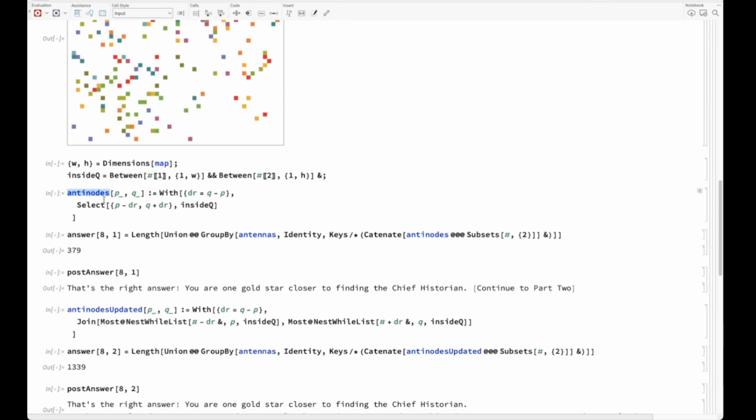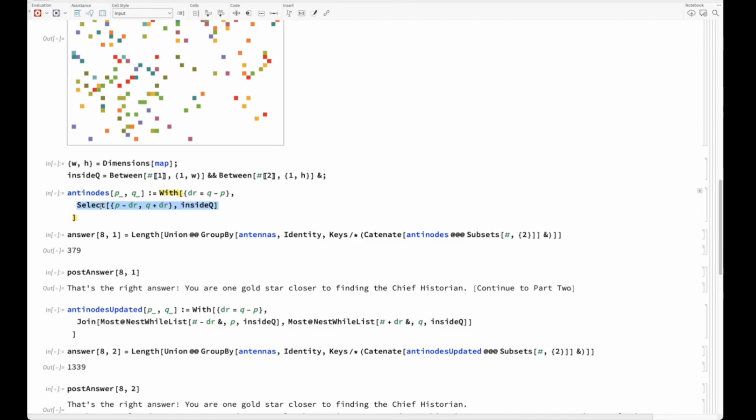Basically, antinodes at a position. If you're given a pair of antennas at positions P and Q, the antinodes are those that are the same distance away from the two antennas, which is the distance between the antennas themselves, something like that. So we compute the distance, the difference vector between those, and the two antinode positions are simply computed like that.